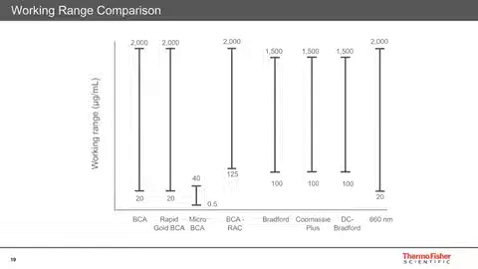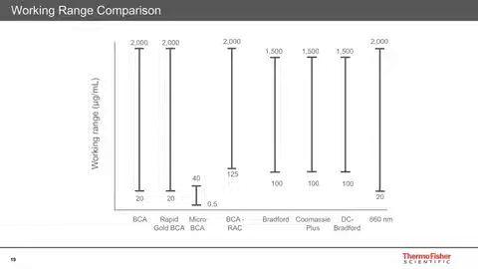Working range comparison. Protein concentration working range for various assays is shown in this figure. Here we see that the BCA, the Rapid BCA, and the 660 nanometer assay have the best broad working range, which can go from 20 microgram per mil to 2000 microgram per mil.